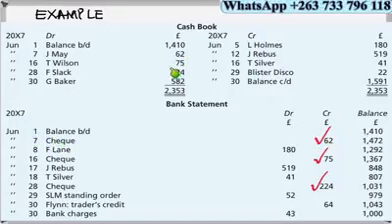The same with 75, paid by check on the 16th. Then we have 224 paid by FSLAC on the 28th of June. So what is on the debit side of the cash book will be on the credit side of the bank statement.